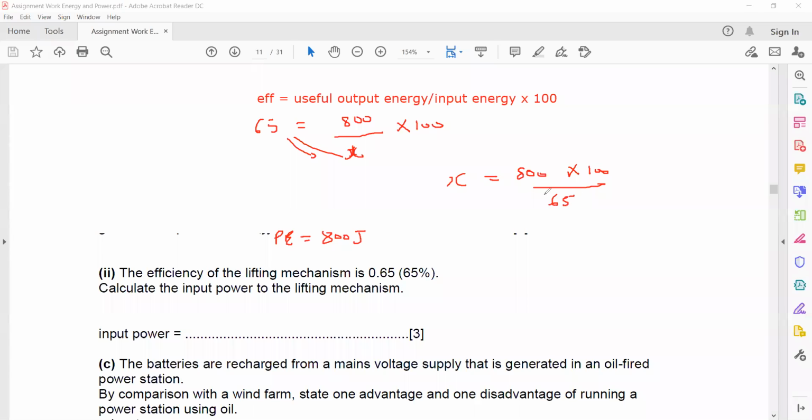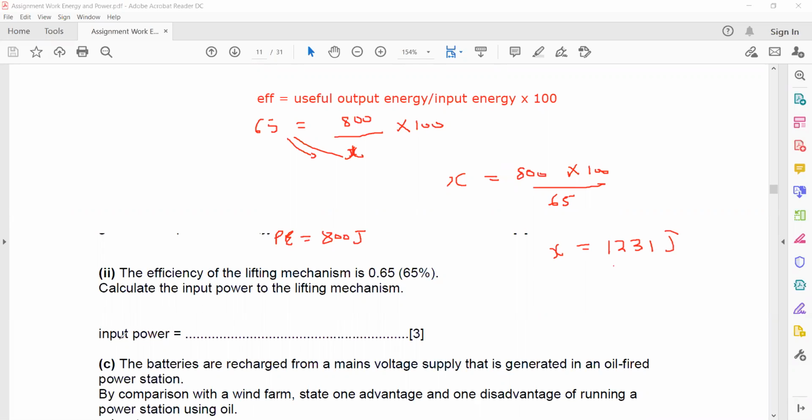What is the answer for X? It is 1230 joules, 30 or 31, okay. So 1231 joules when rounded off.